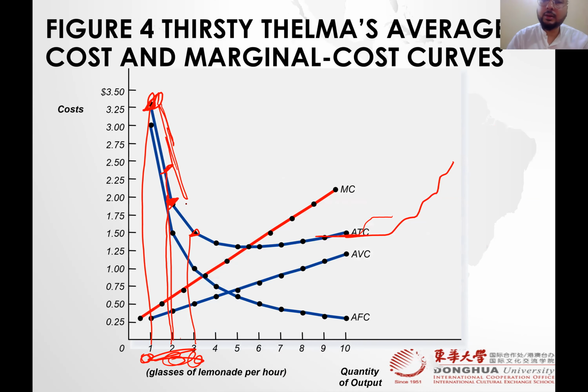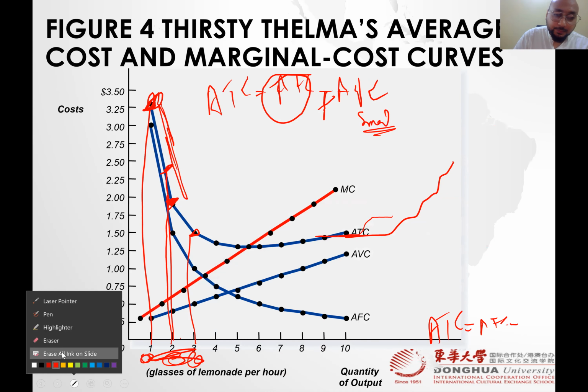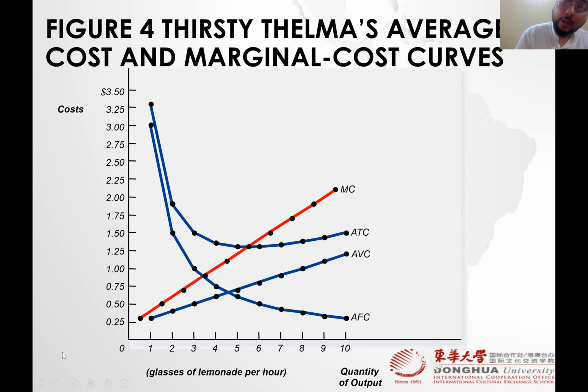The reason is in the formula. The formula is average total cost is equal to average fixed cost plus average variable cost, right? Because variable cost is small because quantity is small, but fixed cost is high. So that's why the biggest portion of average total cost is here.